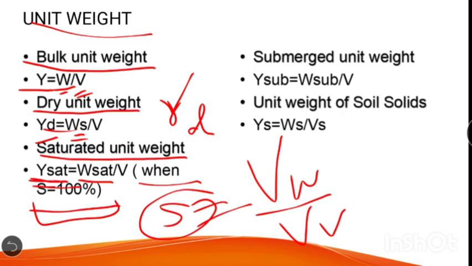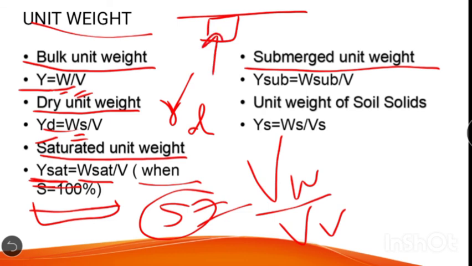Now moving further, submerged unit weight. Submerged means when the soil is totally in water, an upward force acts, by Archimedes principle, and the weight of the soil is reduced. This reduced weight is known as the submerged weight.